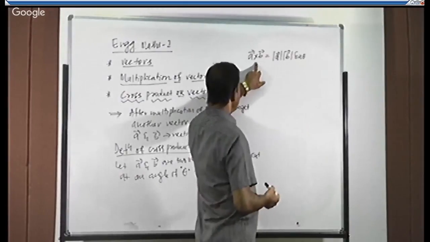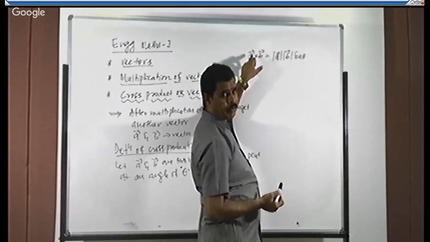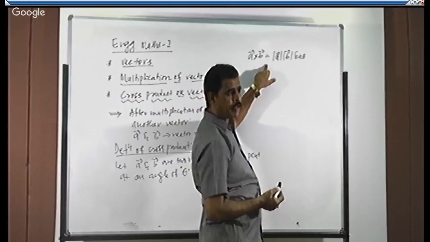So the cross product resultant is always a vector.